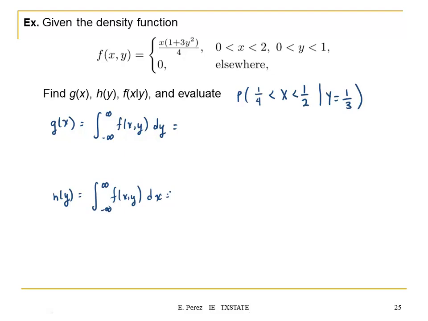Anyone has the value for the marginal of x? X over 2? And the marginal of y?